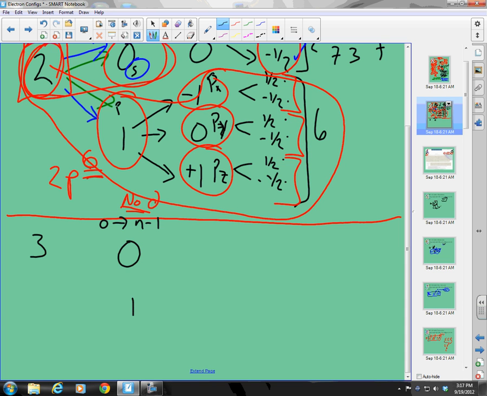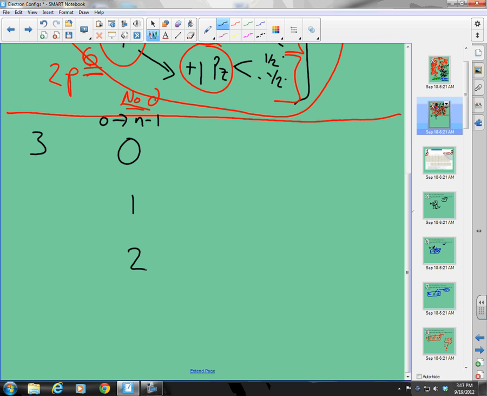0, 1, and 2. For my 0, I have 1 orientation, and there are 2 electrons off of that. For my 1, I have 3 orientations, minus 1, 0, plus 1, and 2 electrons can be found in each of these. And then when my L is 2, I have negative 2, negative 1, 0, 1, 2.